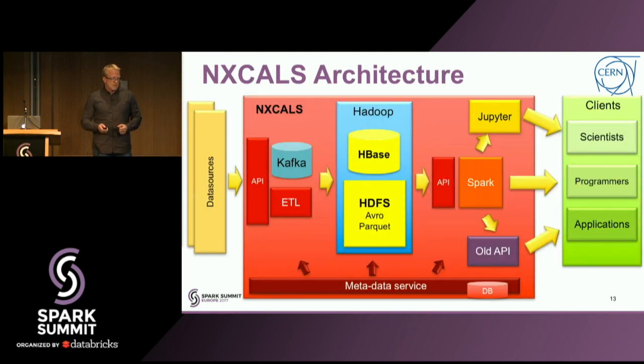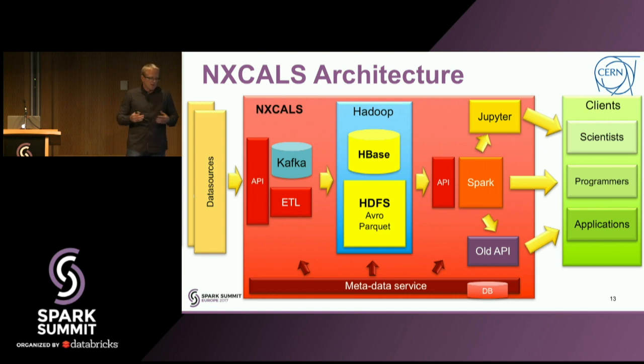So that's how we went into this architecture. We have data sources that are subscribing to our devices, and we provided a Java ingestion API that is quite simple, that just accepts records, and behind the scenes, it sends those records to Kafka.